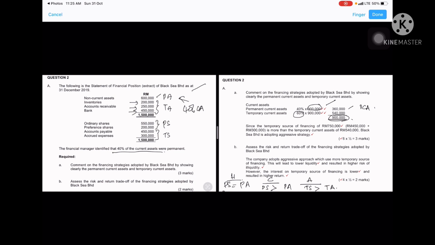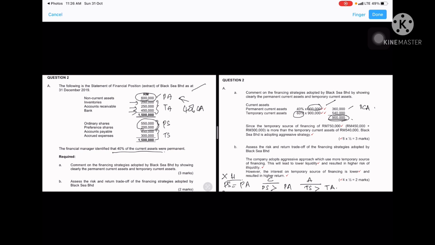In this situation, we cannot consider this as hedging. Why? It's not equal. The non-current asset is 600,000, but for the permanent sources we have 750,000. It's not equal, so this is not hedging.